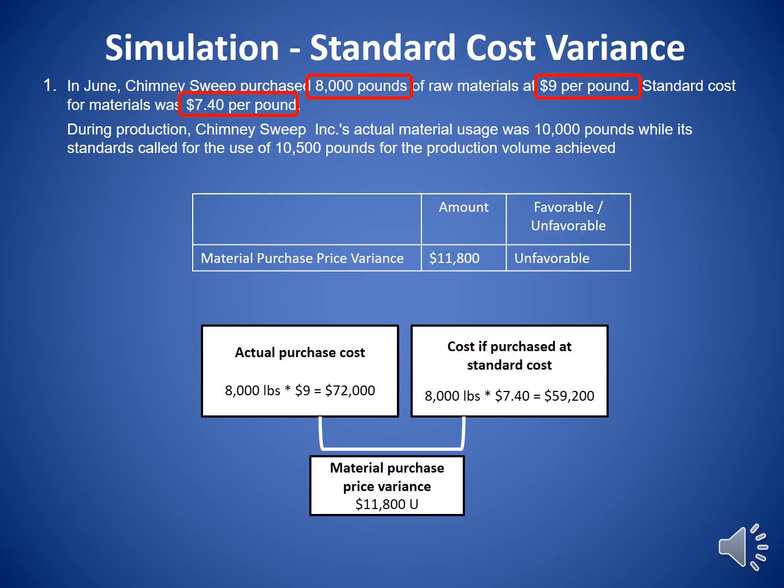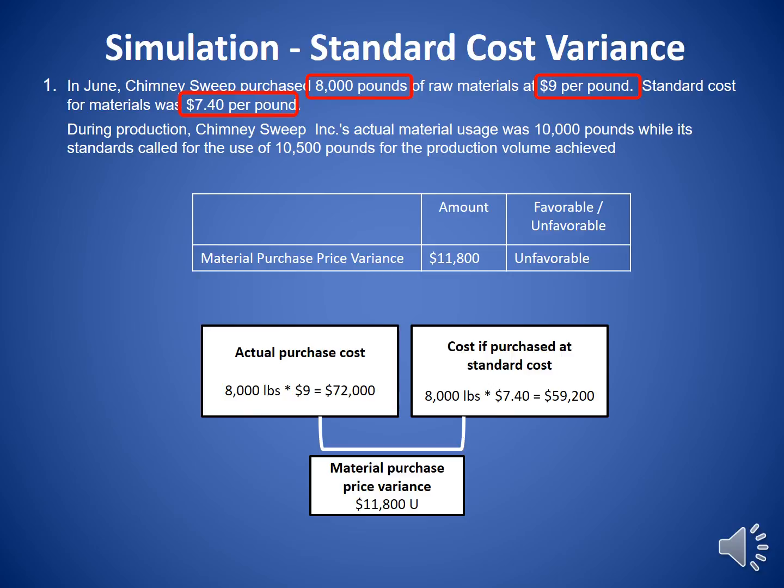Now we want to compare that as if we purchased the same amount of pounds but at the standard or expected cost rate. So it's 8,000 pounds times $7.40, and that means our total cost should have been $59,200. So the variance is $11,800.